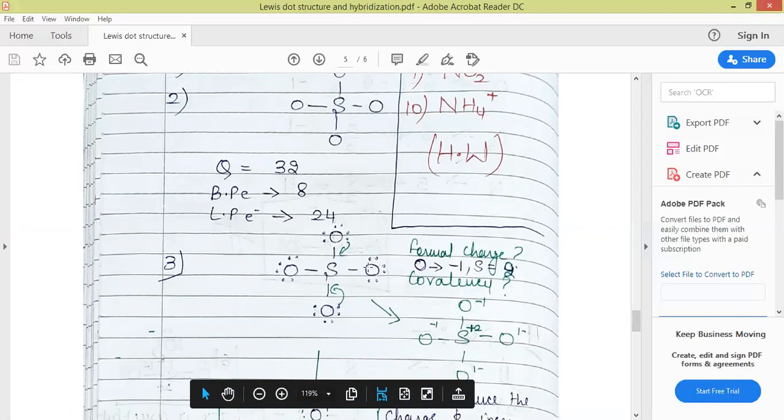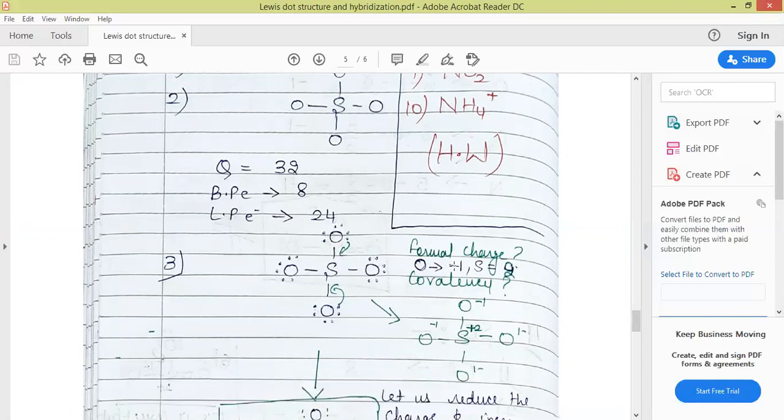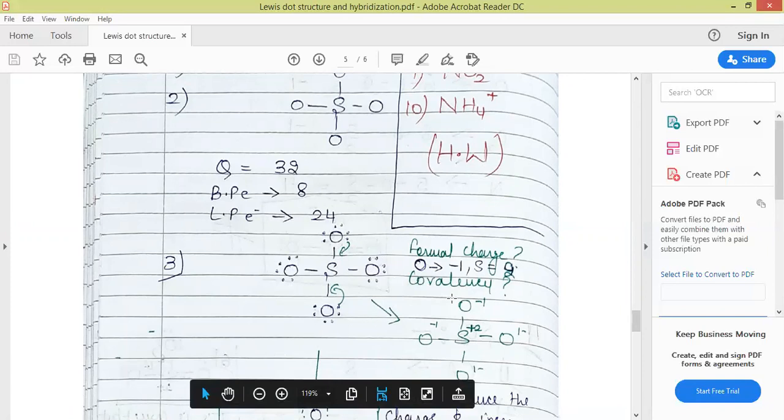Octet for all the oxygens is complete. Sulfur is also complete, but this structure is not correct when we count the formal charge. Formal charge comes out to be -1 on each oxygen, and sulfur will have the formal charge of +2.